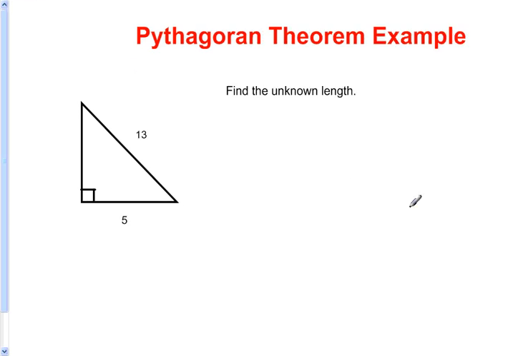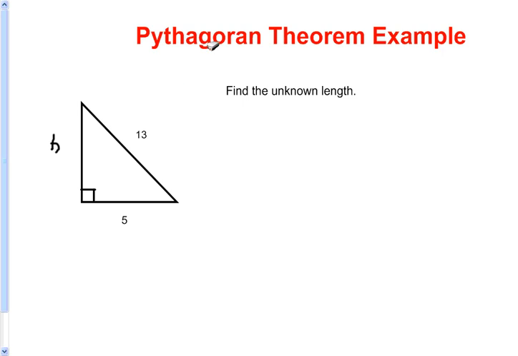Let's look at an example. Let's find the unknown length. So we have a right triangle. We're told two lengths. We want to find the unknown length, which in this case, we're going to call B, because that's side B. Remember, we could have called it A if we wanted to. It doesn't really matter. Whatever you feel comfortable with.